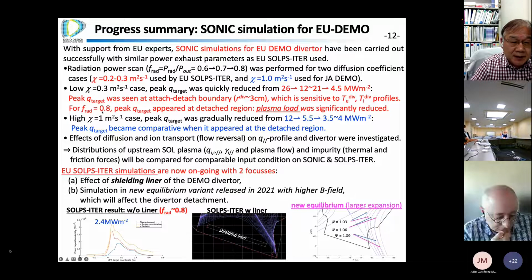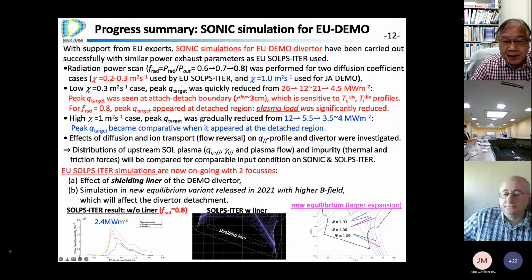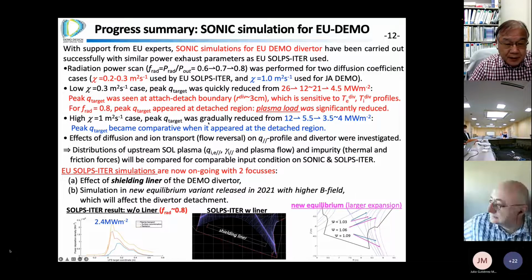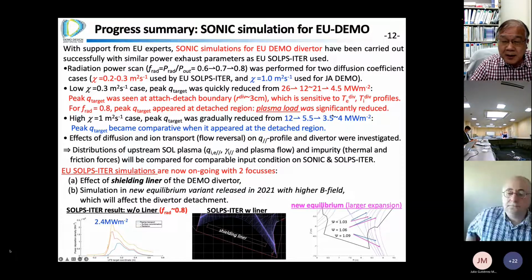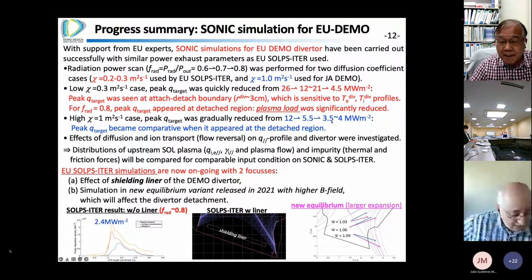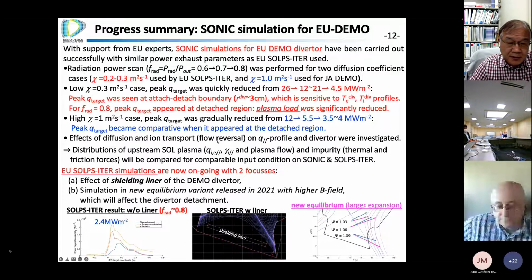In the case of the 80% radiation, the plasma load was significantly reduced. In the larger diffusion case, the peak heat load is gradually reduced. Finally, in the 80% cases these are comparable, because the peak appears in the detachment region, the low temperature region.